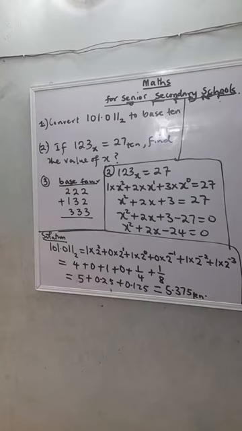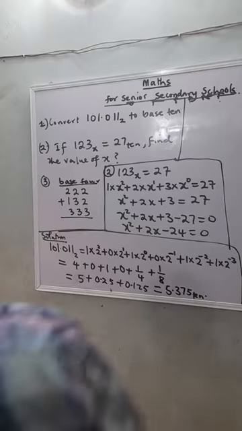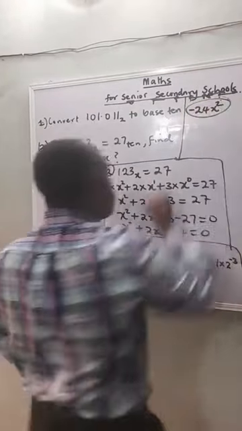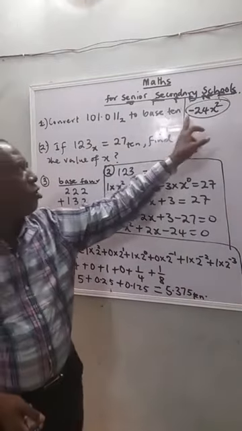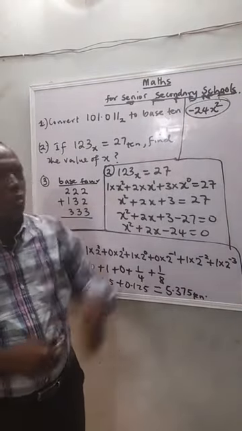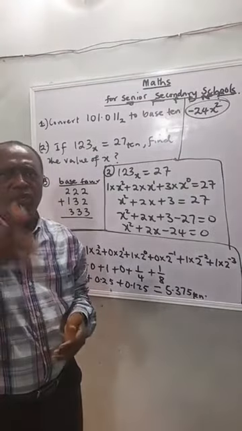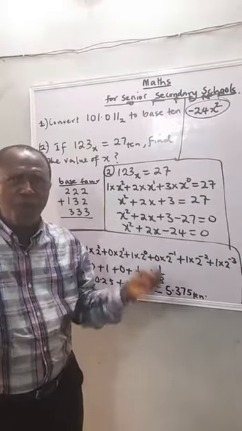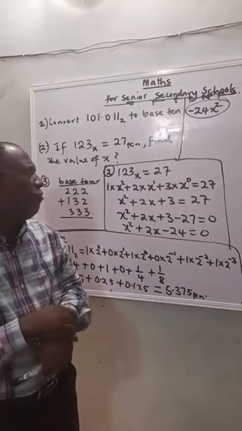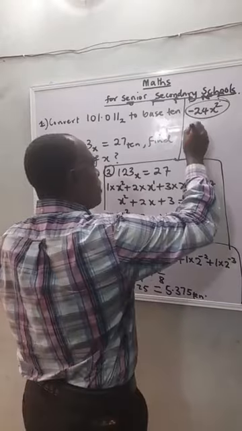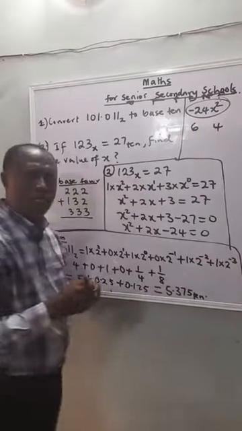It will give us minus 24x squared, which we'll call the product. This product, you will think of two factors that multiply together to give 24, and when you add them or find their difference, it will give you the number in the middle, which is 2. So I can think of 6 times 4 as 24.